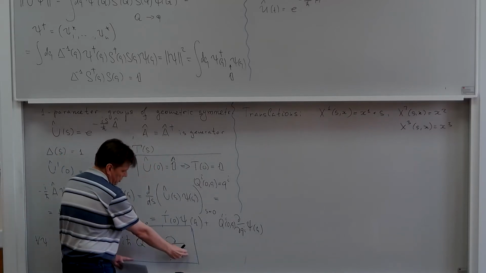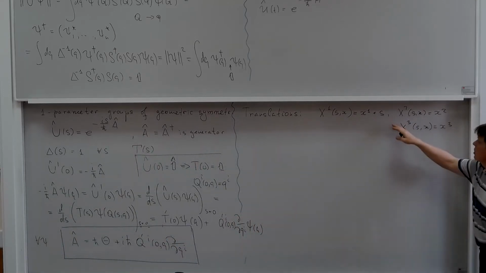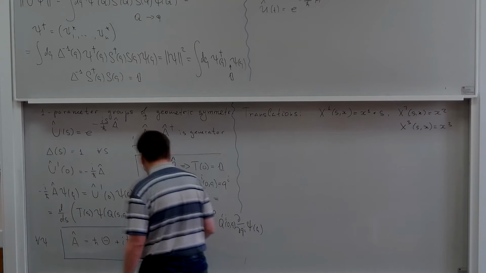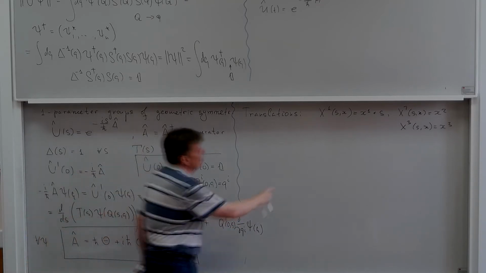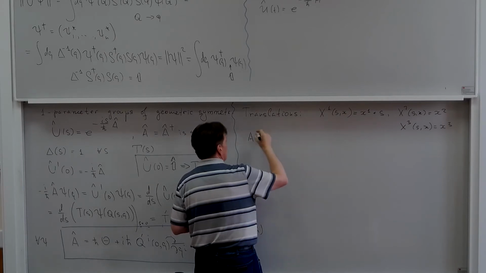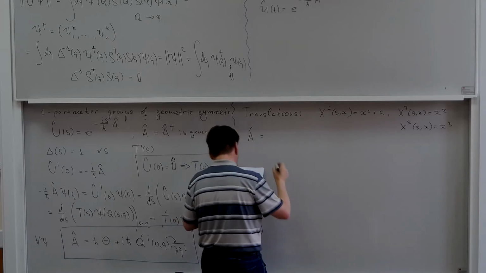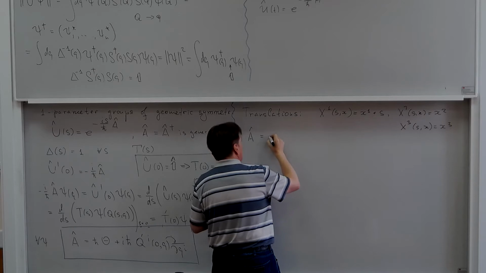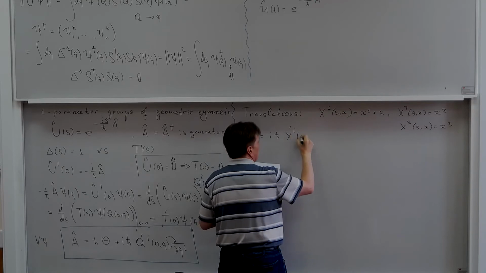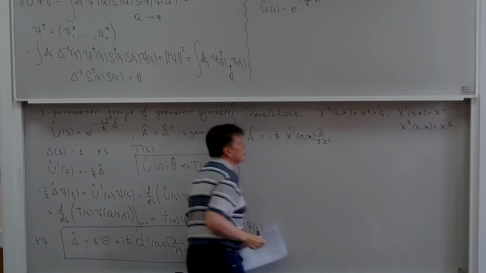I have only the term related to the changes of coordinates, and identifying this Q capital with X capital, I can write immediately that the generator of translations is represented by the operator i h bar X prime i, 0 X, d dXi.